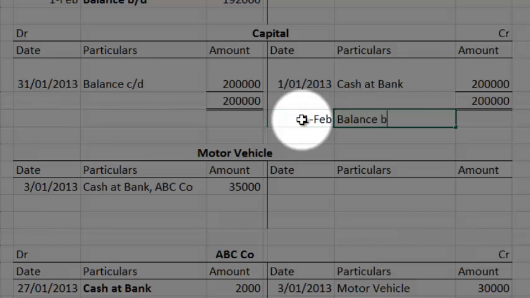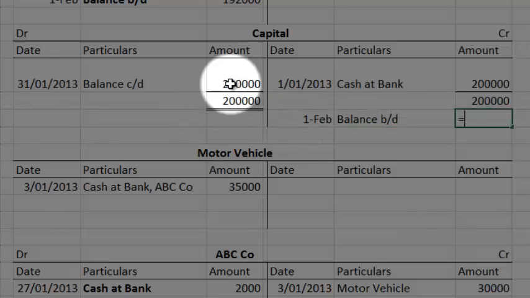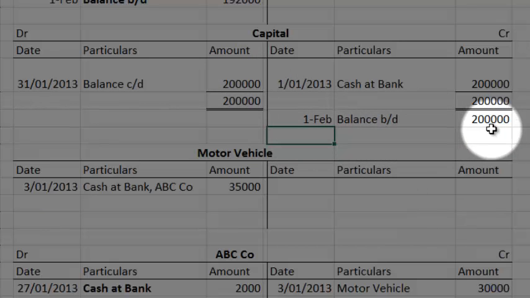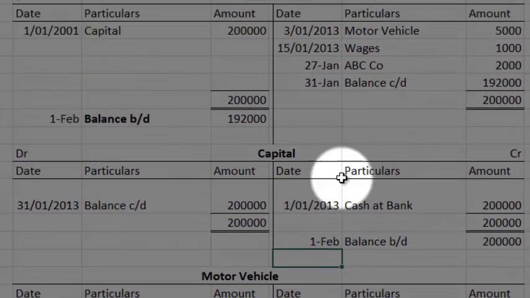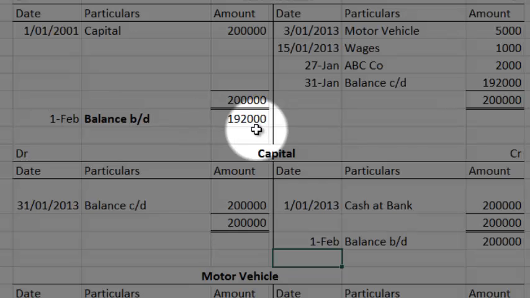Balance brought down. That's equal to this item. There we are. So you can see how that's worked, but the balance is obviously a credit balance. In this instance, there was a balance on the debit side. I'm going to show you one more time.